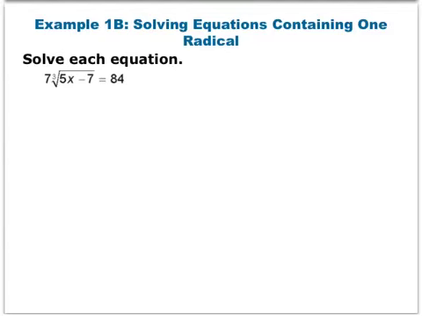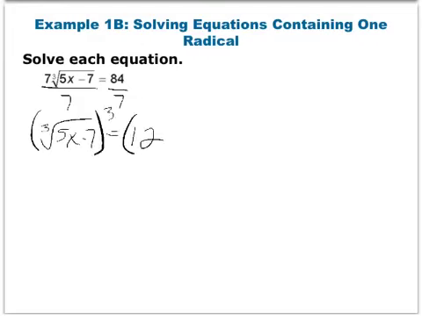We need to isolate the radical. I need to get rid of that 7. The 7 is currently multiplying, so I'm going to divide. So I have the cube root of 5x minus 7 equals 12. It's a cube root, so I want to raise both sides to the third power.